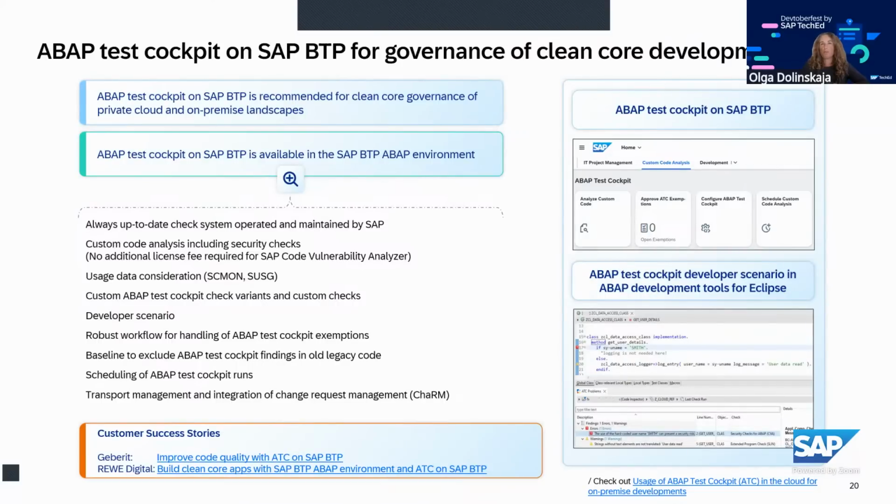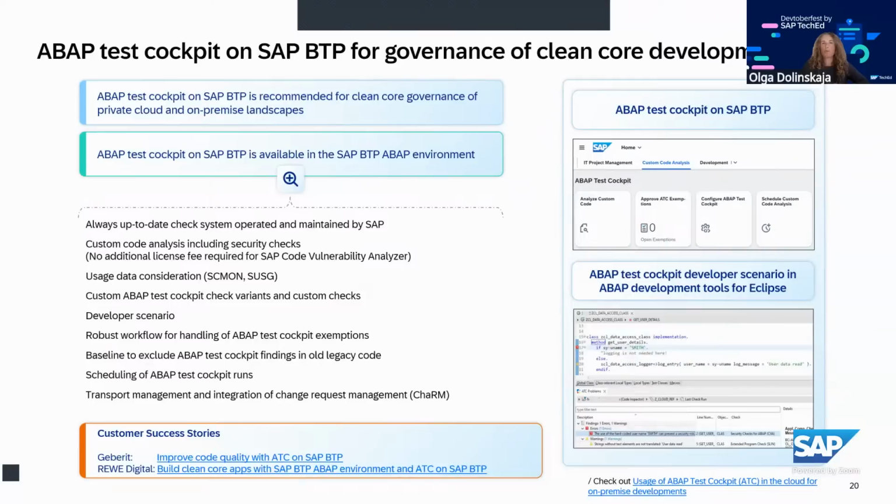You always have access to the newest ATC checks and the newest features, because they are provided on a quarterly basis by SAP. And you can also use, during custom code analysis, the security checks by code vulnerability analyzer, which are available for free with ATC on BTP.